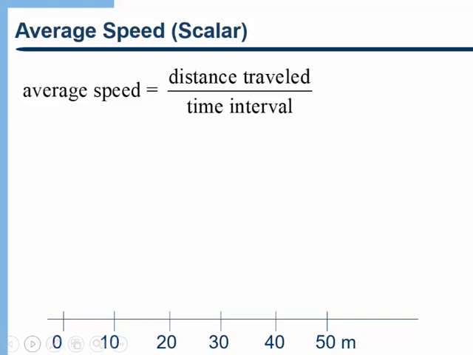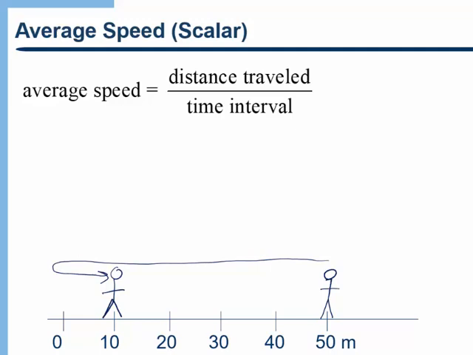Let's define another quantity, one that you're probably pretty familiar with, which is average speed. Average speed is just the distance traveled divided by how much time it takes to travel that distance. So let's look at the example that we started with, where we had our person starting at the 50-meter position, traveling to 0, and then coming back to 10 meters.